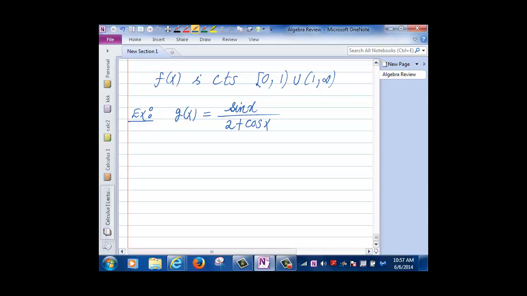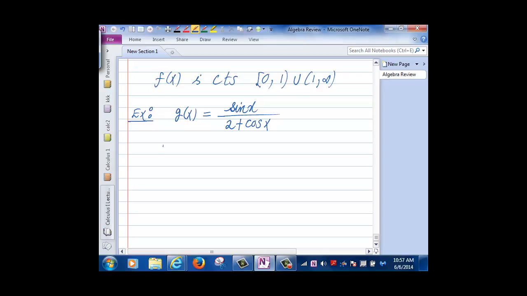Why do you say it's continuous everywhere? The denominator doesn't vanish anywhere, right? The numerator is continuous everywhere. The denominator separately is continuous everywhere. And the denominator is never 0, right? Because cosine x, the lowest value is -1, and you're adding 2 to it, it can never be 0.